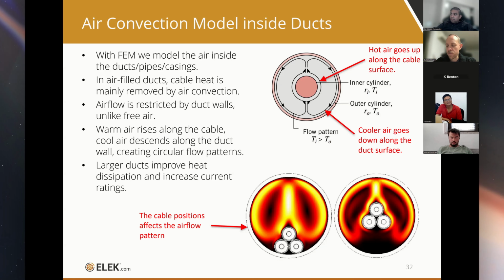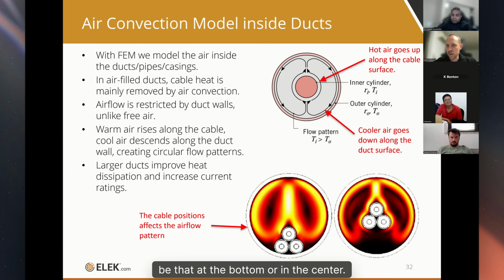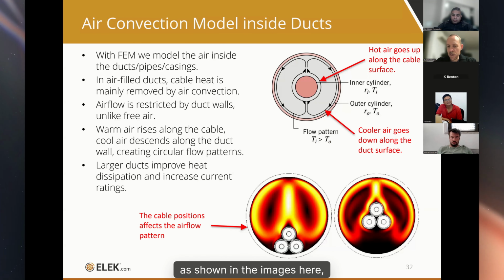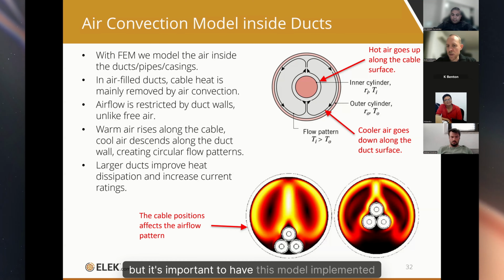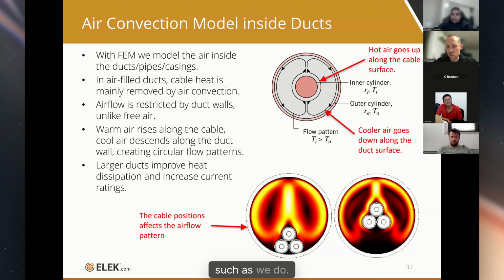It applies wherever the cable is located within the duct, be that at the bottom or in the center. In practical cases, the cables are generally at the bottom of the duct. This changes the convection as shown in the images here, and ultimately changes the current rating. But it's important to have this model implemented for your FEM calculations, such as we do.